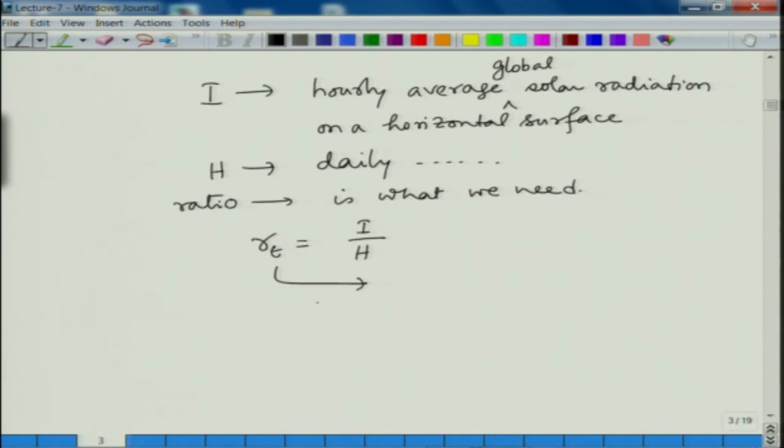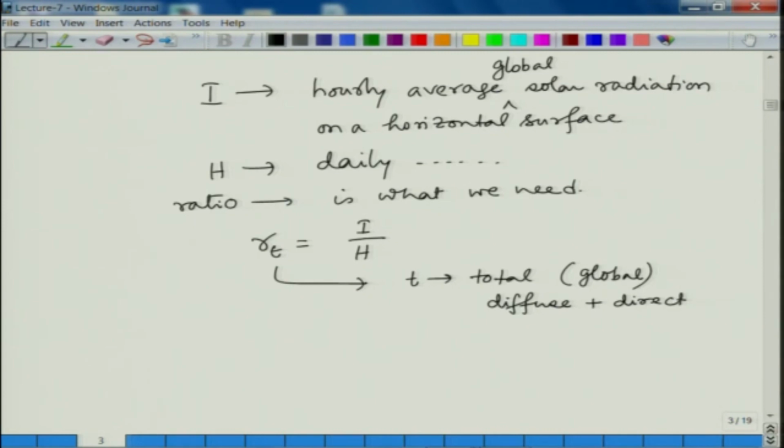The subscripts or superscripts, whenever you see them, they carry some meaning. So, here T stands for total, which is equivalent to global here, which means this is diffuse plus direct radiation considered together. That is what this T stands for.